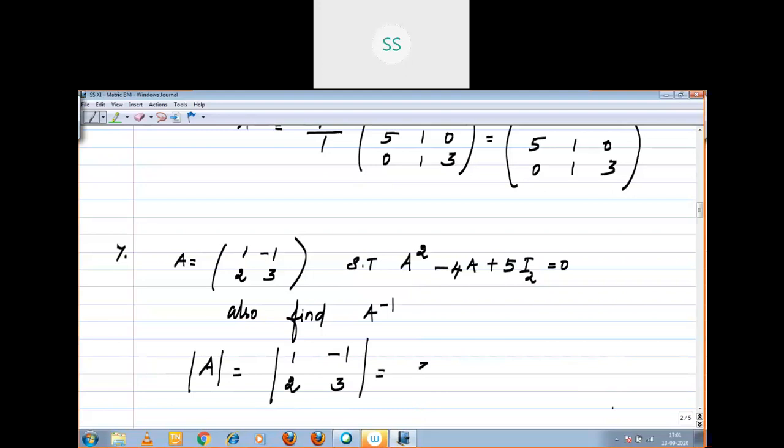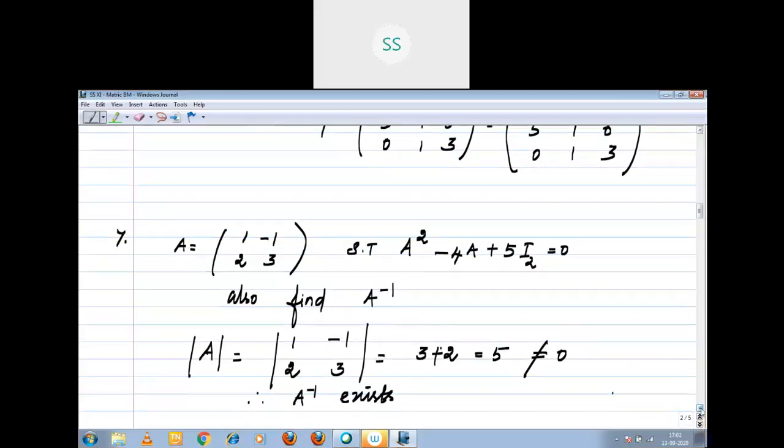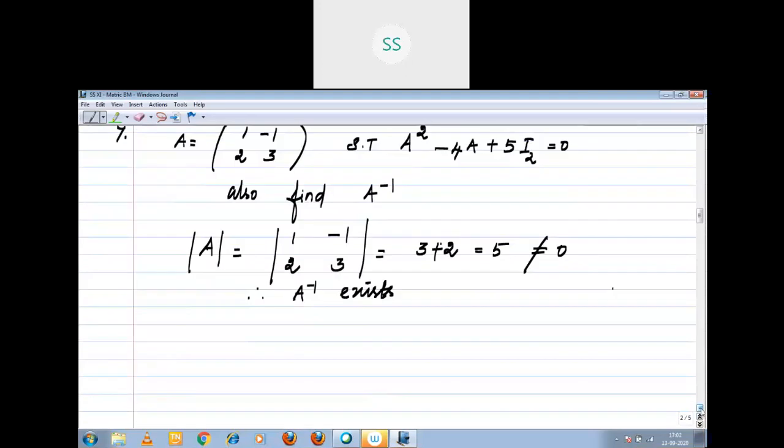Easy method you should learn. 3 minus of minus 2, that is 3 plus 2 equal to 5, which is not equal to 0. Therefore, A inverse exists. It is easy compared to that. So you have to follow the easy method in mathematics, right?